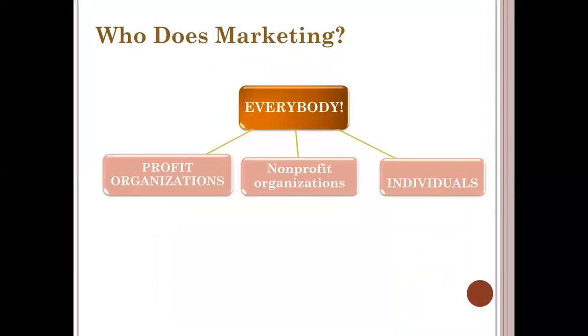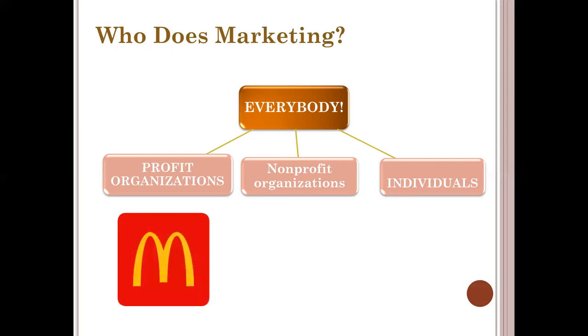So who does marketing? The short answer to the question of who does marketing is everybody. So let's take a moment and consider how different types of organizations engage in marketing. We have profit organizations, nonprofit organizations, and individuals such as us. For profit organization, we have an example of McDonald's. So how does McDonald's do its marketing?